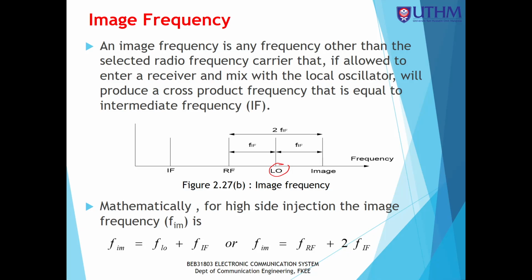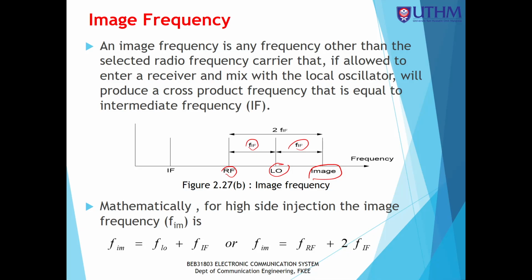Okay, so image is here. If the distance from the radio frequency is about FIF from the local oscillator, it will produce the image at the upper side of the local oscillator.